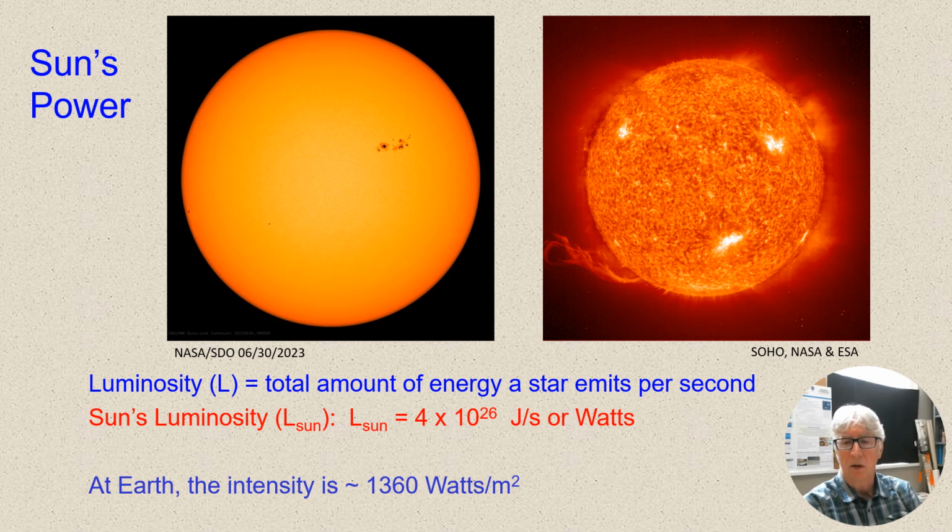So an incredibly large number. A joule per second is also a watt. This energy is radiated outward in a spherical pattern, and by the time it reaches the Earth, the intensity of the radiation received at the Earth is about 1,360 watts for every square meter, and that would be at the equator.